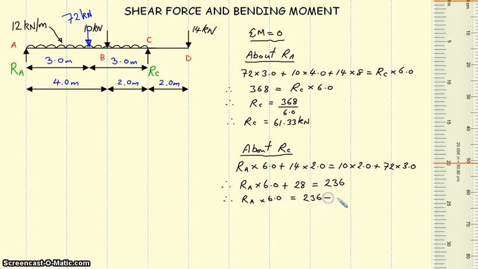So the reaction at A times 6 will equal 236 minus 28, because the 28 being positive here comes across and becomes negative. So reaction A times 6 will equal 208. 6 comes across.